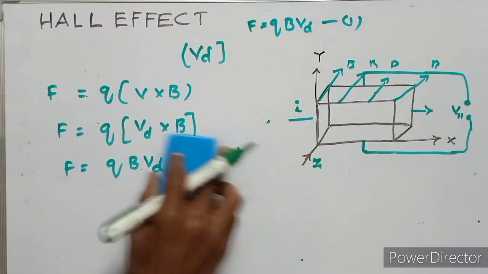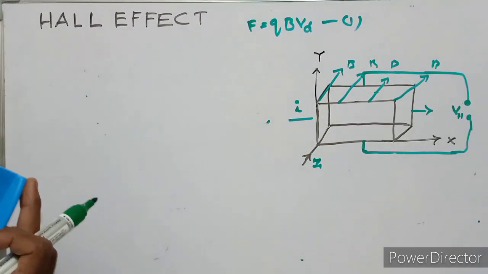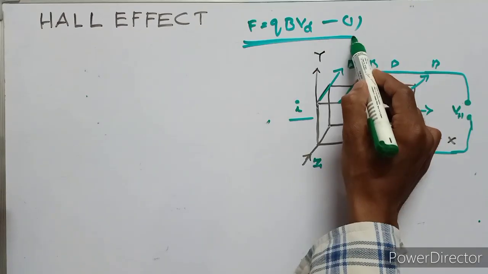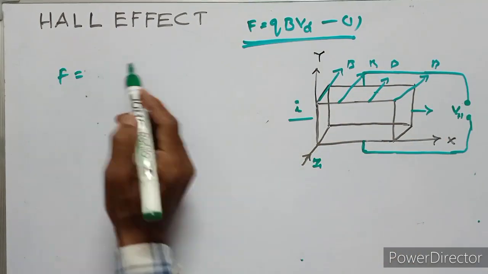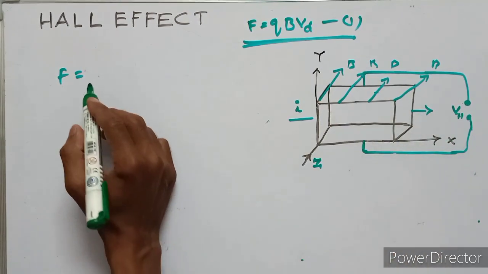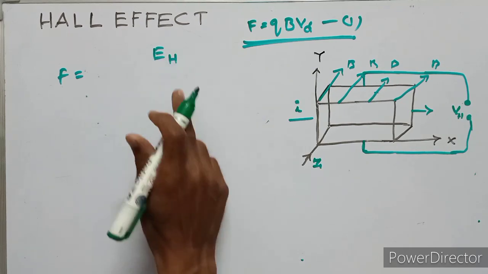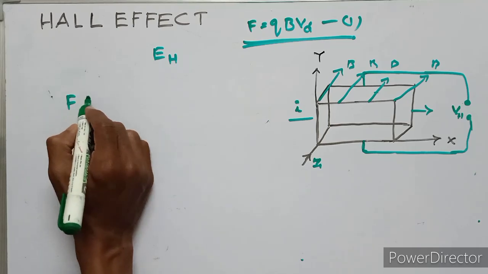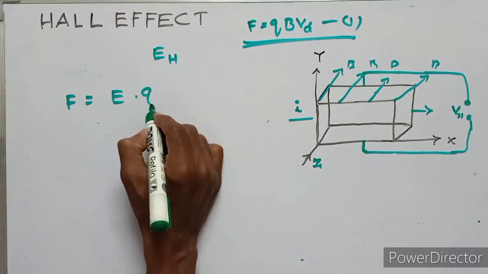Next, another force, the force established by electric field. Now this force established by electric field, that electric field here is the Hall electric field. So the force is equals to electric field into charge.